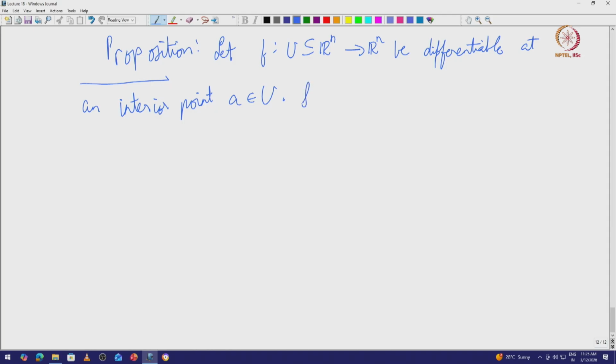Right. Suppose f of A, where does f of A lie in? Is an interior point of f of U.